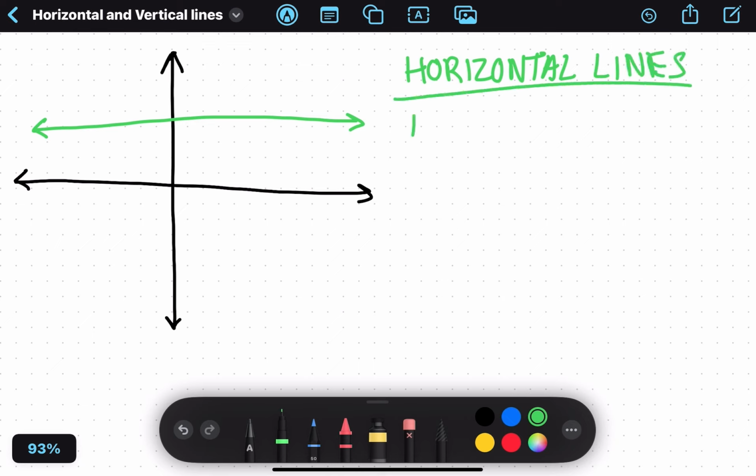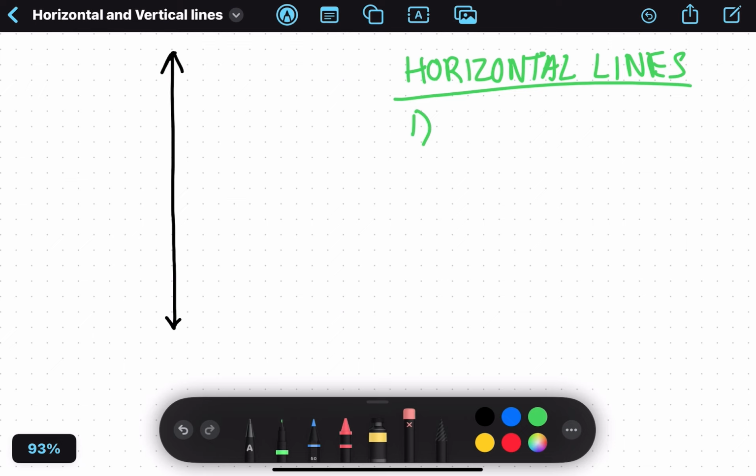Okay, so first, now we knew that in vertical lines, the x was always the same. But now on horizontal lines, ooh, this one that I drew is actually a little crooked. Let me try again. I want it to be as straight as possible. Gotta fix my x-axis here too.